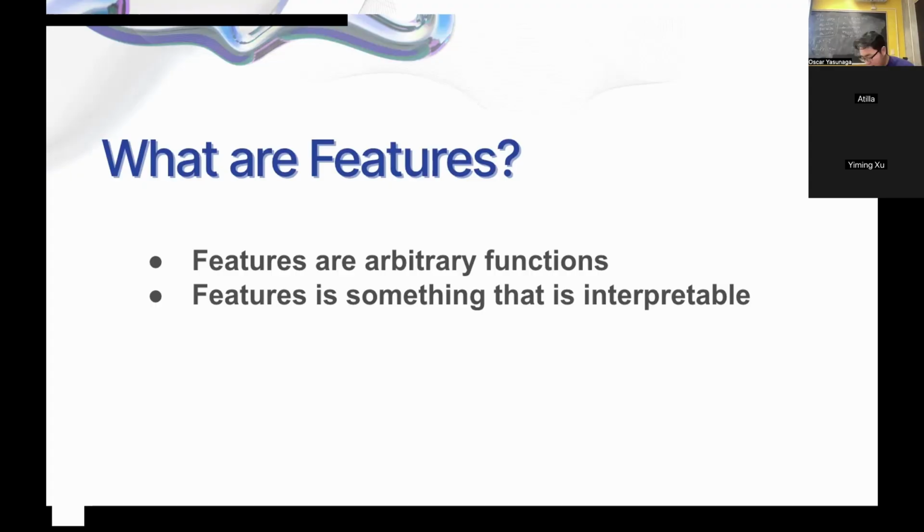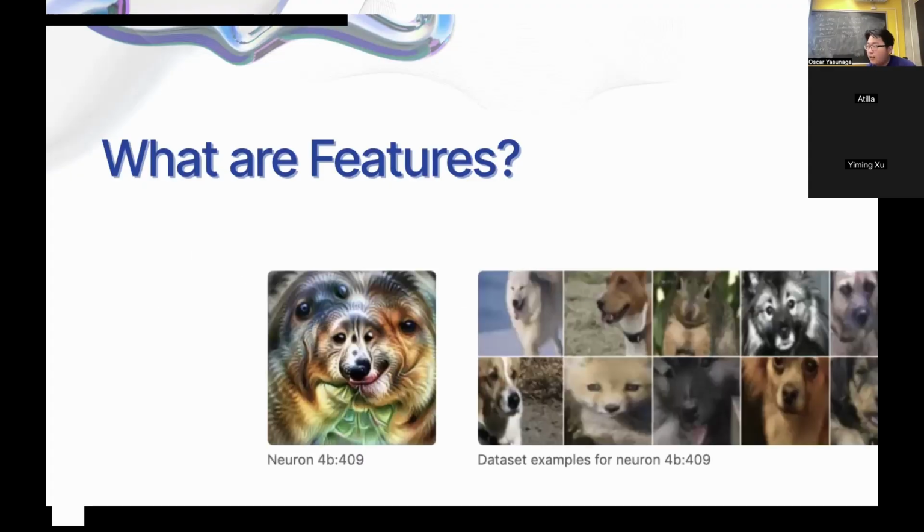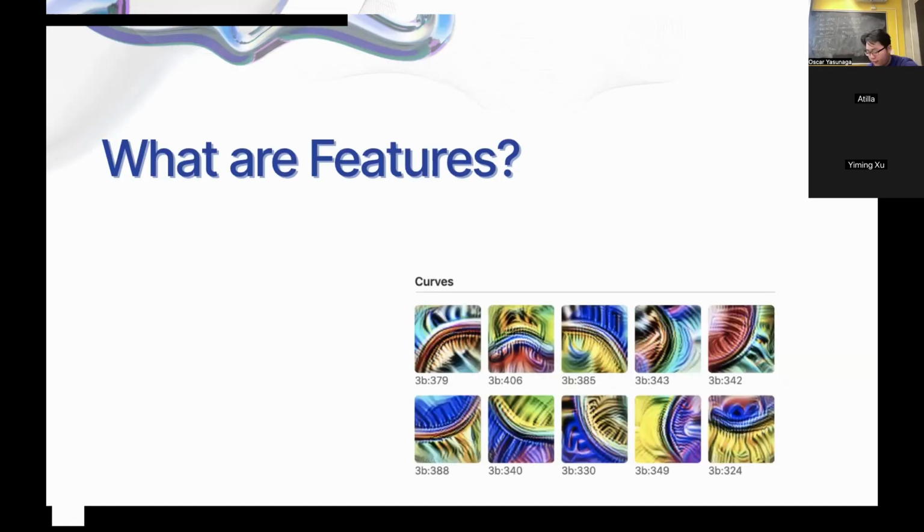Like you have these neurons in, I think, VGG, which have been shown to correspond to a dog's face, right? So this arbitrariness is kind of out of the picture already. Another thing that people have seen is neurons that are specifically in control of curves, or the outline of an image.